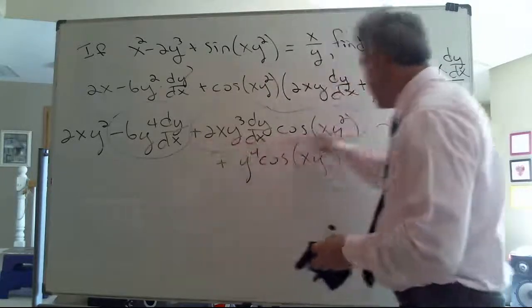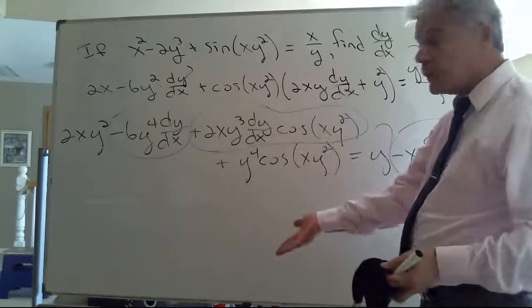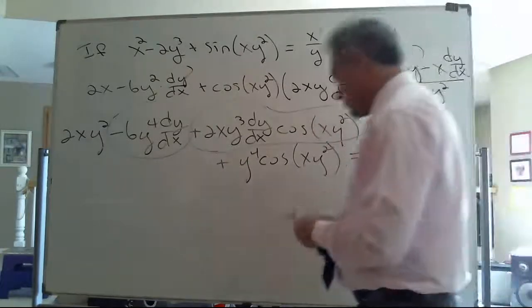So bring all 3 of these, circled in blue, to the left-hand side. Can I also simultaneously factor out a dy/dx? I think of this.